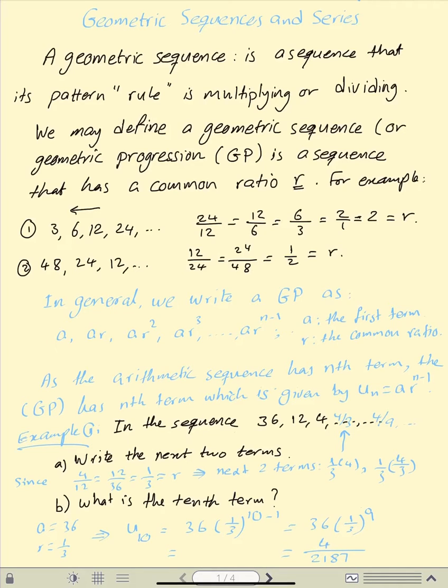We know from IGCSE and O level that a geometric sequence is a sequence whose rule or pattern is multiplying or dividing. This is the old definition, and it's true. But we will define geometric sequence, or geometric progression, like arithmetic progression, AP.